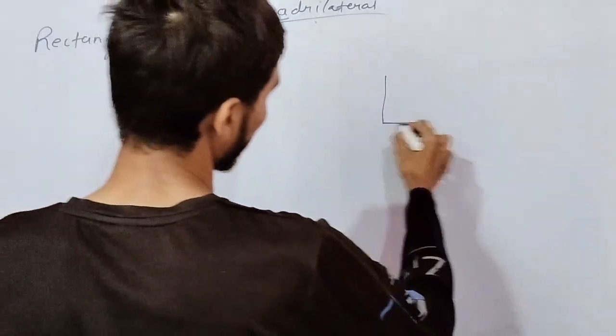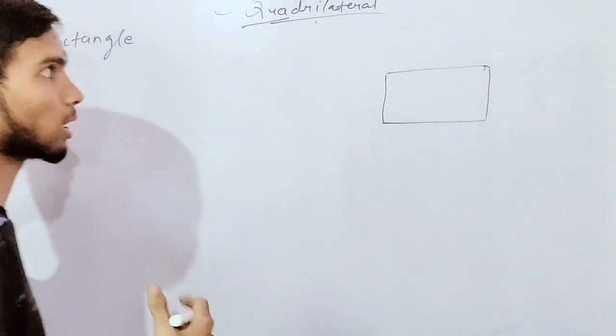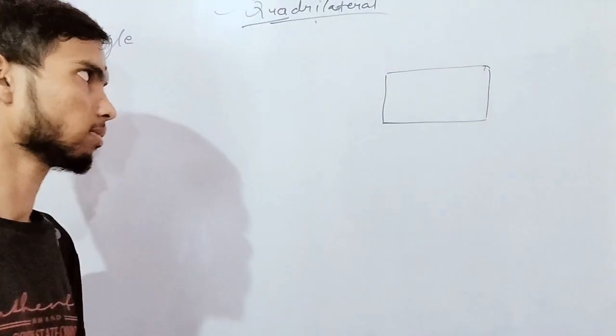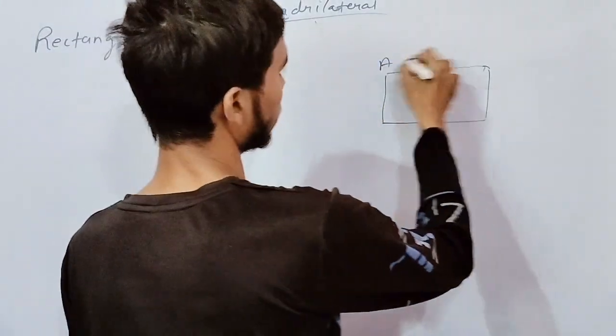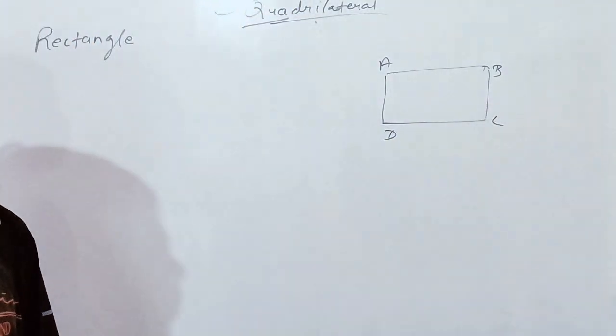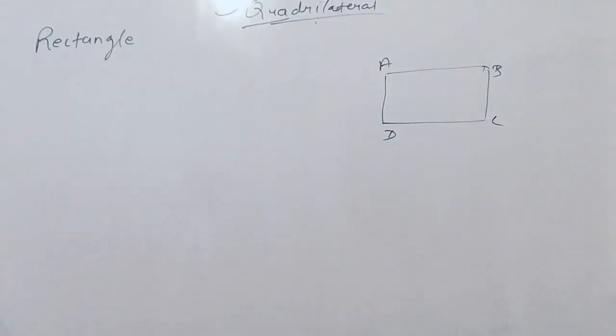A rectangle looks like this. All sides will not be equal. A rectangle does not have all sides equal. Yes, it is a universal truth. If it has all sides equal, then it will be known as a square, not a rectangle.